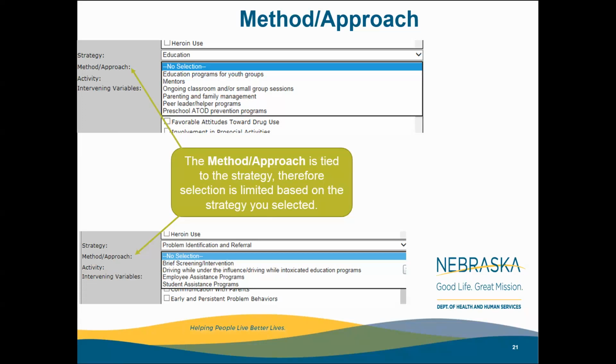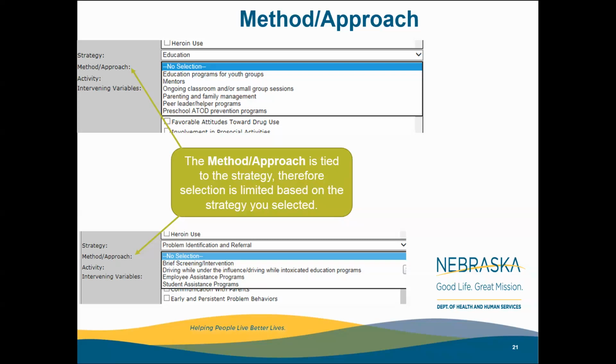These methods and approaches, we often get questions about them. Sometimes they don't fit super well with what you're doing. We know that, and we wish we could change them, but these are actually set by the block grant through SAMHSA, and while we have talked to them about TA and about how we might change them to be more inclusive, that has not happened as of yet.